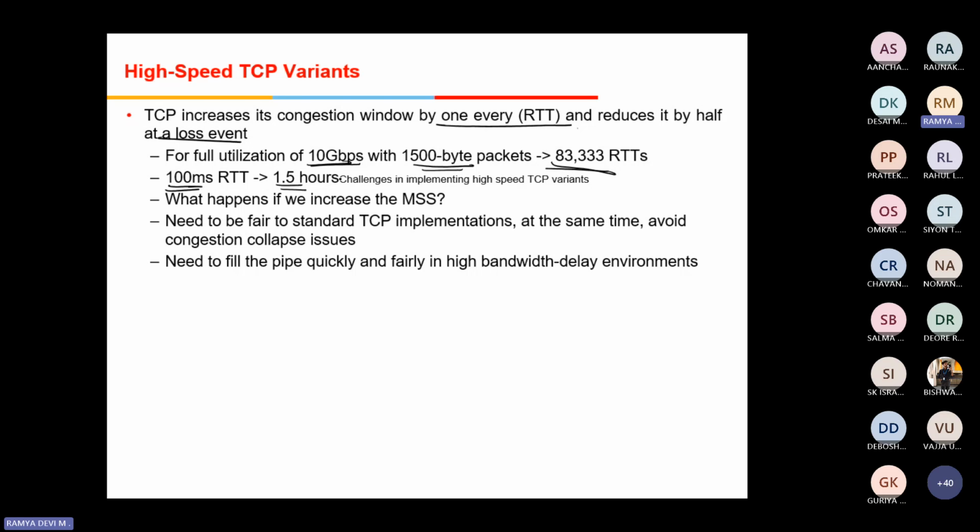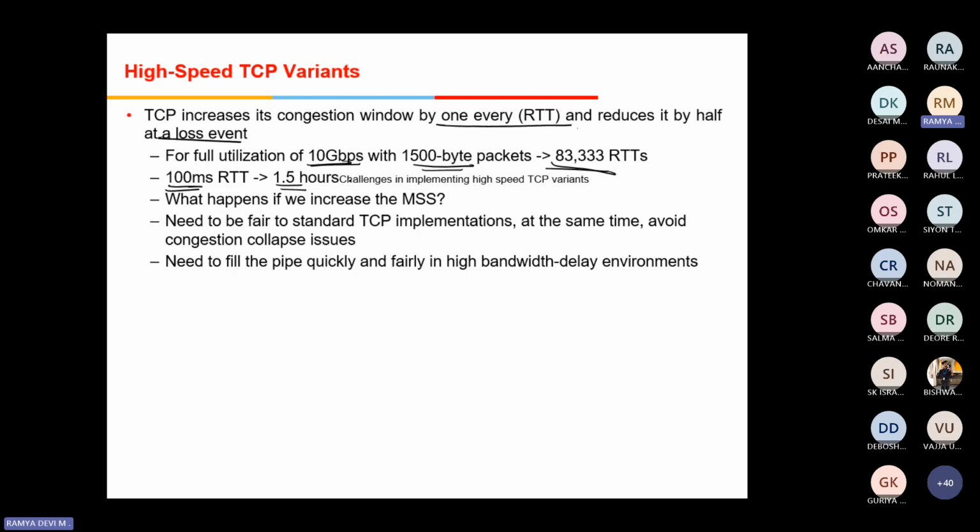So we could increase the MSS size. A larger MSS will help us send the data much faster, but fragmentation issues and compatibility problems exist in the network infrastructure. We also have to provide fairness with standard TCP flows. Any high-speed TCP variant must coexist fairly with traditional TCP implementations, so it cannot dominate bandwidth to a certain extent.